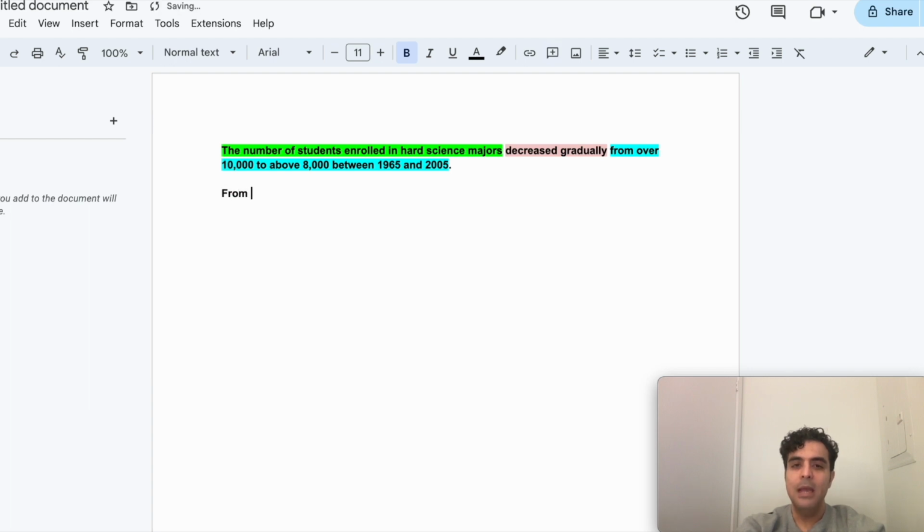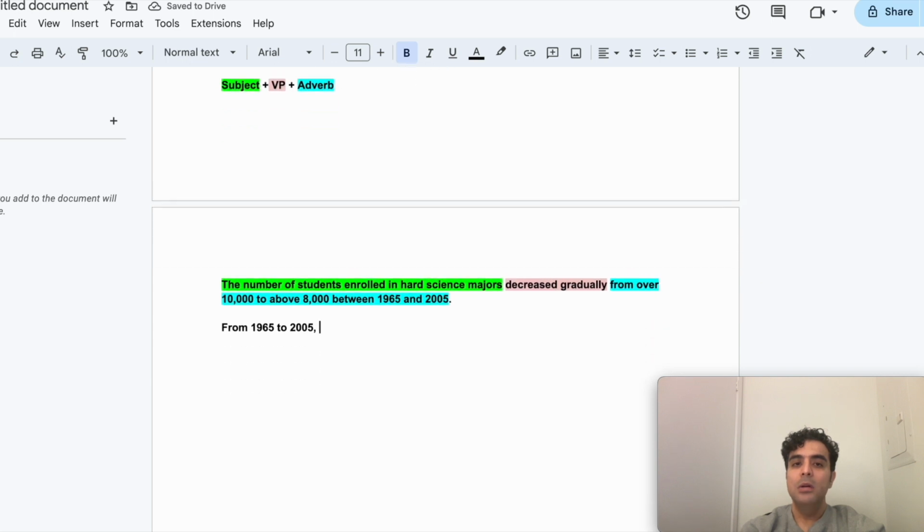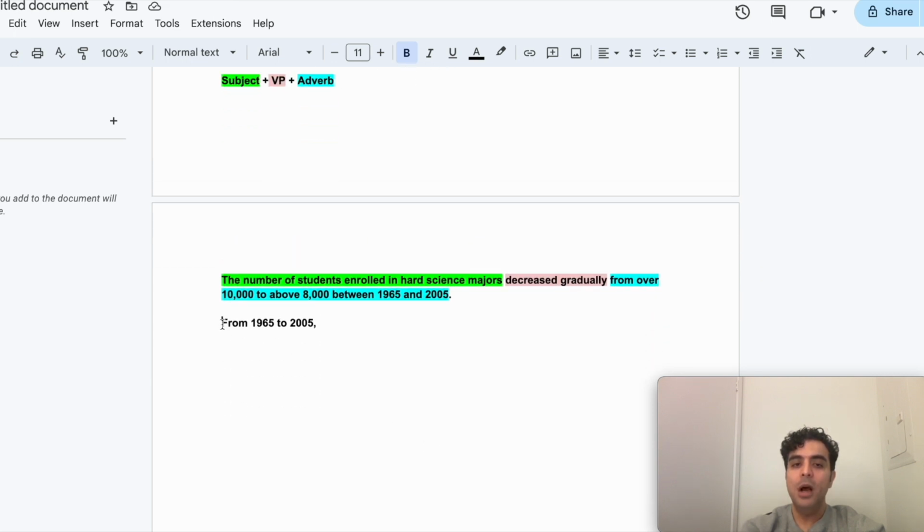So this time I'm going to say from 1965 to 2005. Notice what I'm doing. I'm starting my sentence with the adverb this time. Okay? Now, I'm going to use the other structure, which was the noun phrase structure. What was that like? So there, remember we had there was, and then you add the noun phrase, and then you add in, the subject comes next, and the adverb appears at the end.